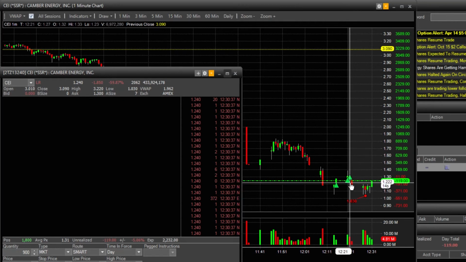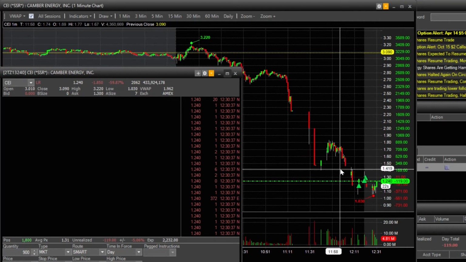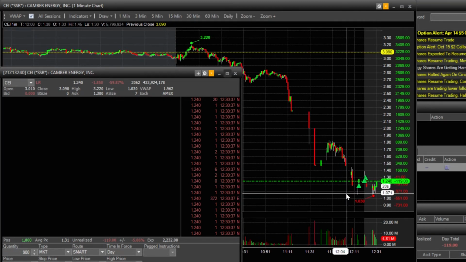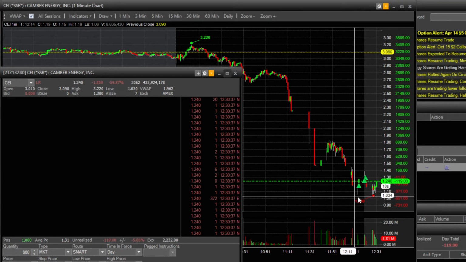And it halted again. And I'm pretty confident with this trade. Why? Because usually from its lowest point, I've just looked at my statistics. It can actually bounce as much as 60-70% from its lowest point.